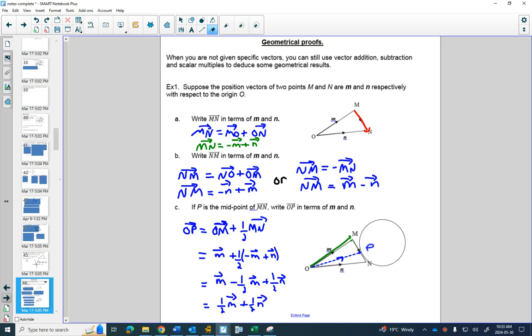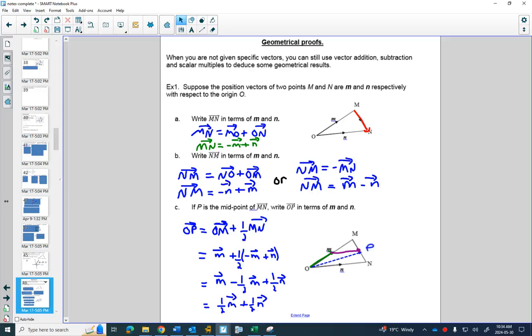So I'm going to erase what I've got here. And in green, I'm going to draw half of M, and in purple, I'm going to draw half of N. Now, if I took half of M and I added half of N, look at that, it goes right to P. And this is how I would tell my robot, if you want to get to P, this is what you should do.